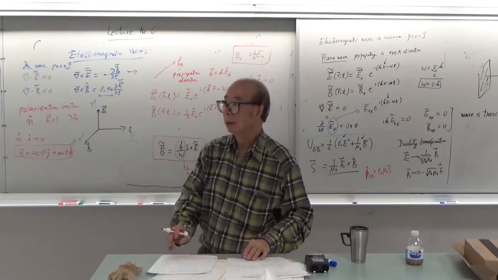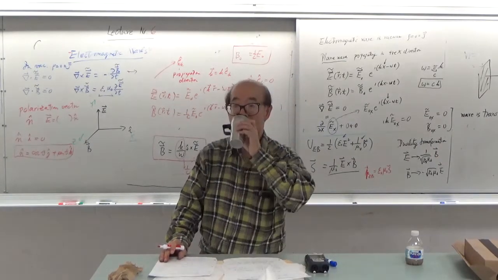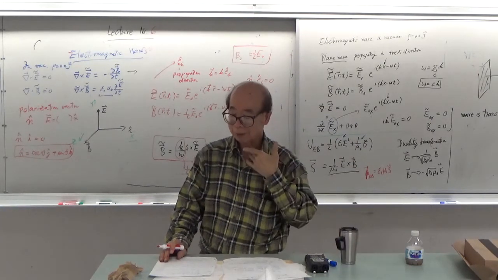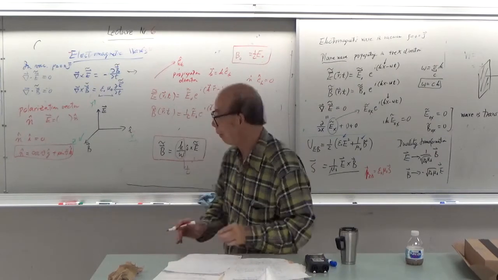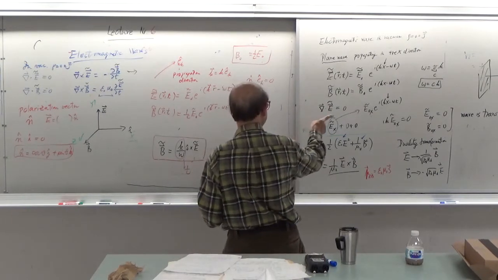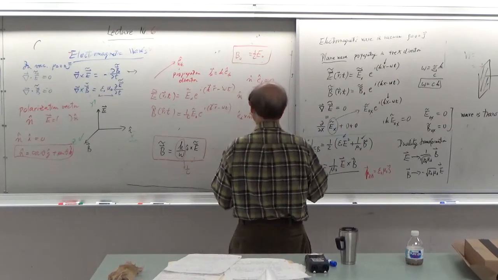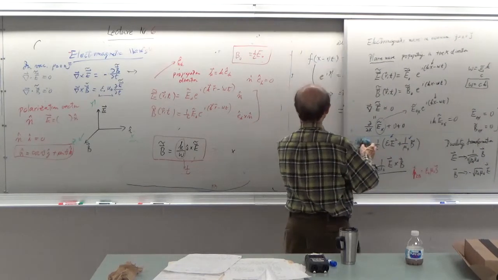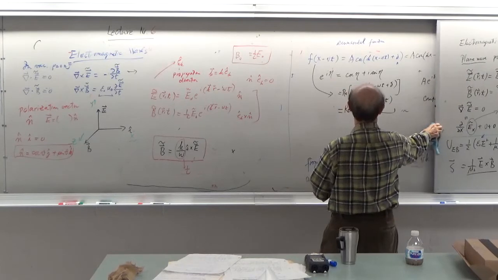Okay, and let's see. Let me continue. Let me catch my breath. Let's go back to the propagation of waves along the x direction, and I can now use all this.